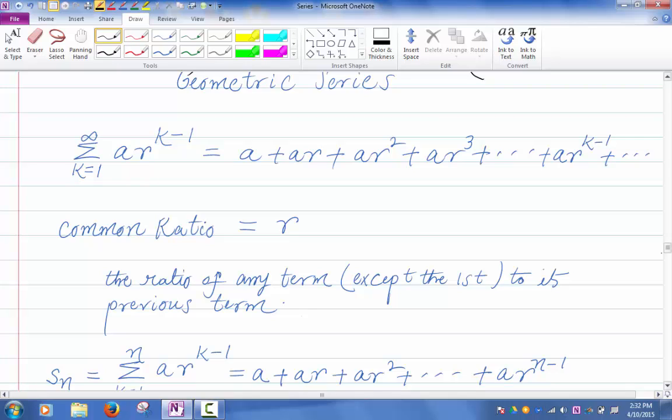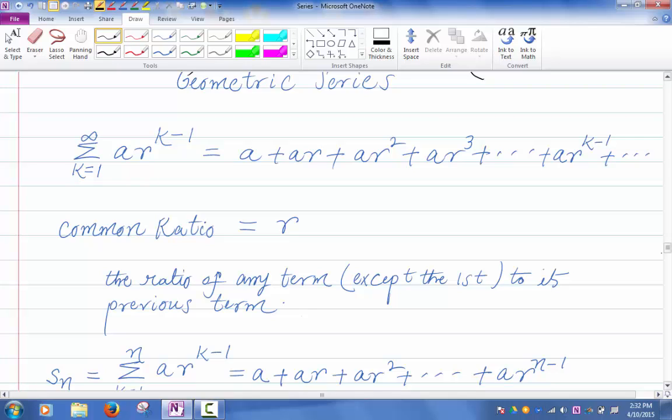Now notice that every term has a factor of a, and the ratio of any given term to its previous term is always r. For example, if you divide ar cubed by the previous term ar squared, what do you get? r.